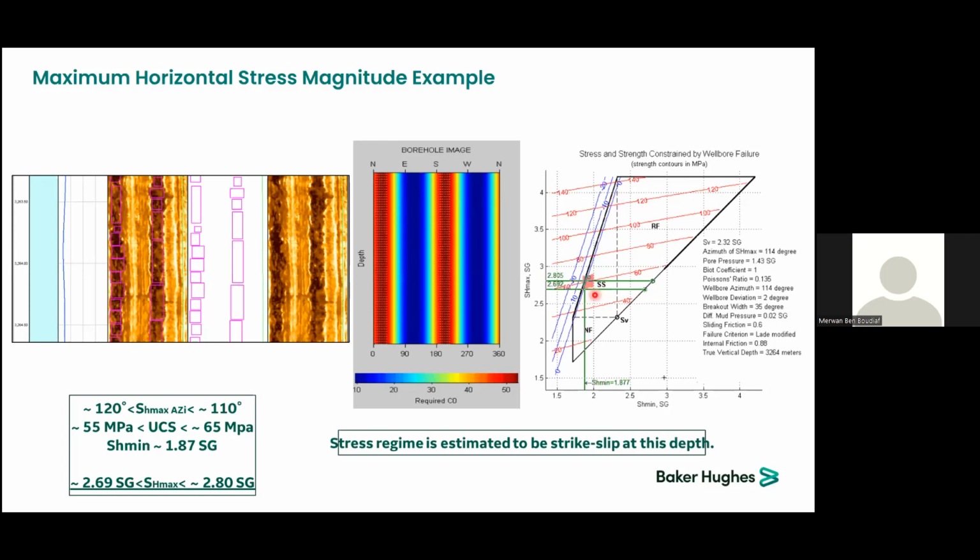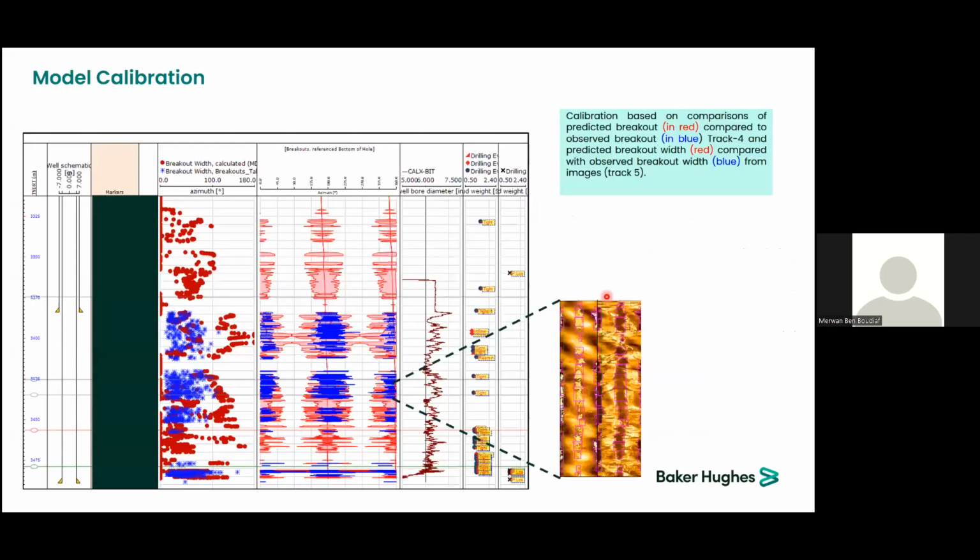So the last step is the model calibration. Basically, what we are doing here is plotting what we have seen on the image logs. For example, the blue dots here are all the breakouts that have been identified by the image, and the red ones are the ones that have been generated by the model.